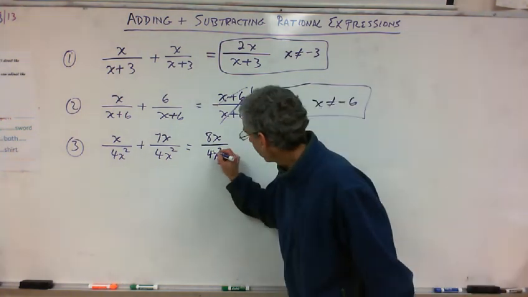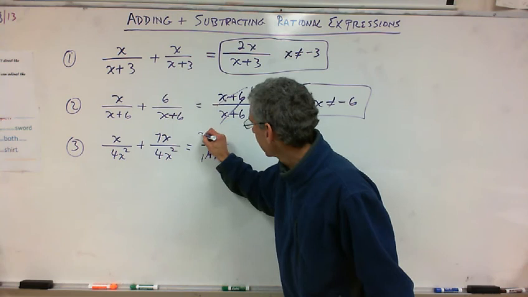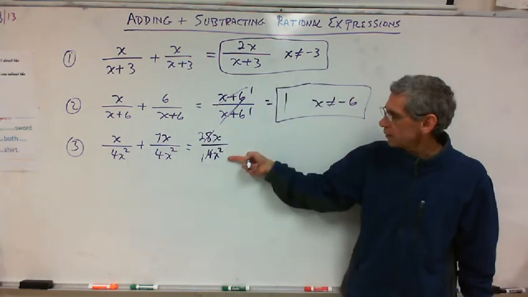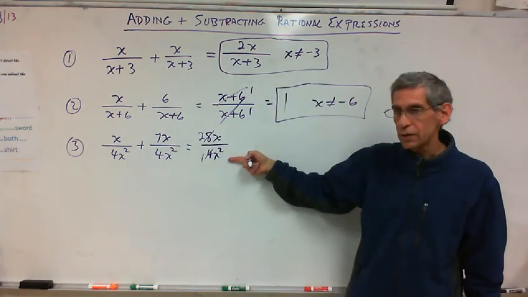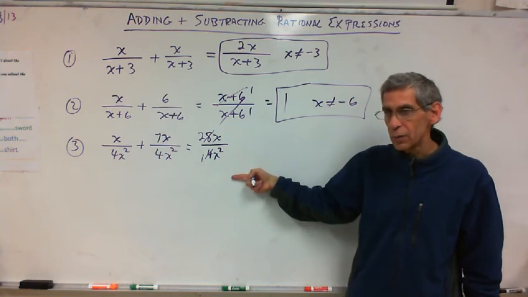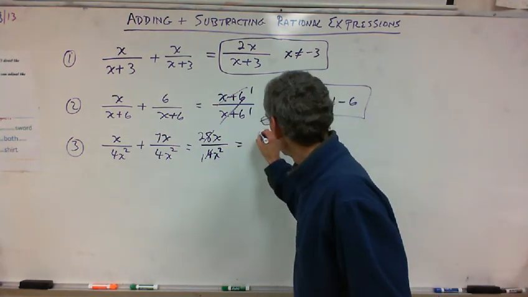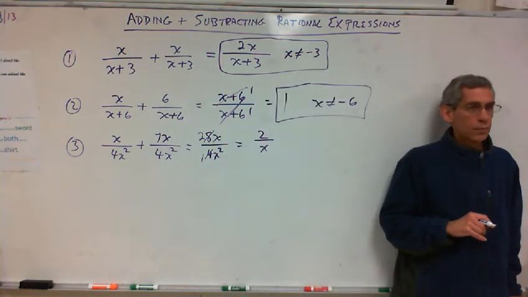Yeah, so the 4 can go into 4 once, 4 goes into 8 twice. Now what about x and x squared? There's only one x here, and there's 2 x's here, right? I could bring this down and take one of them away. So really I'm going to have 2 over x. You see that?